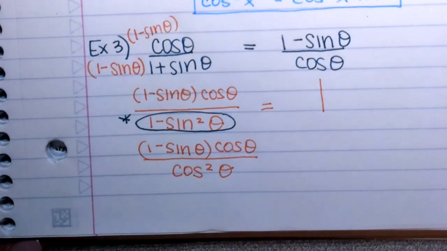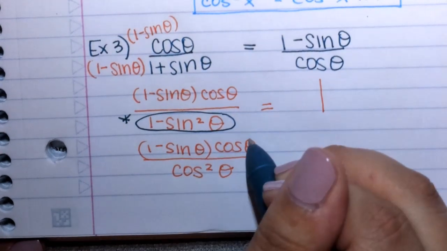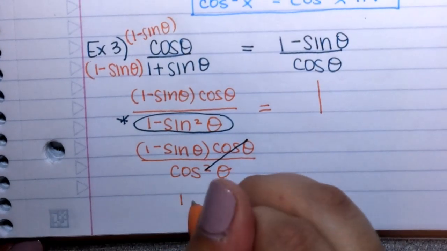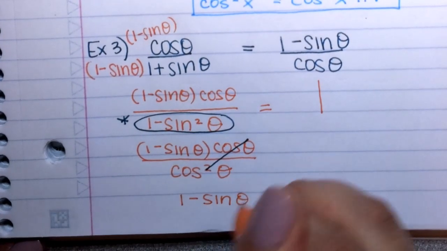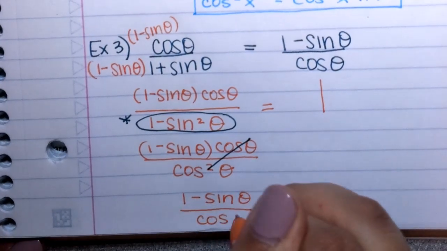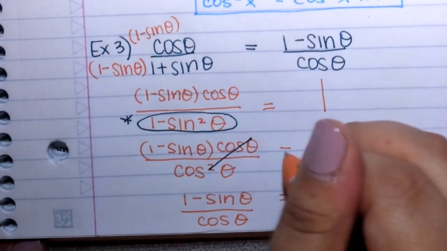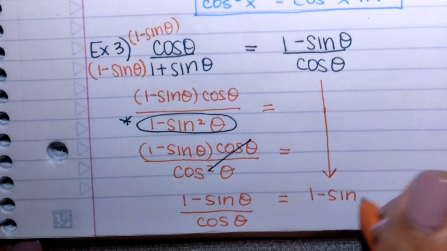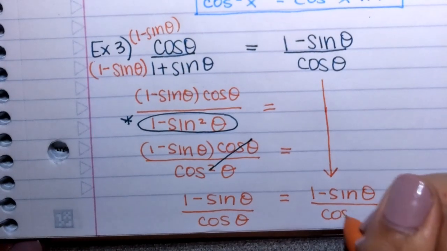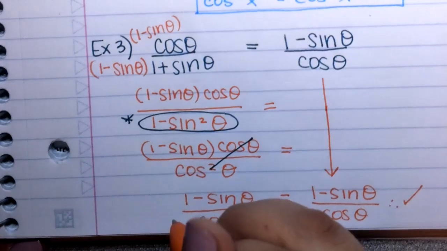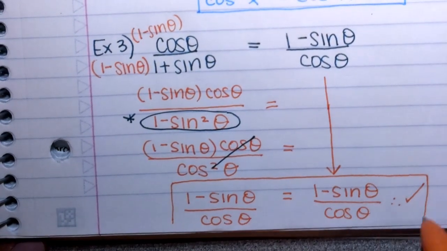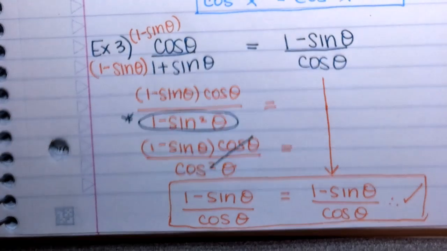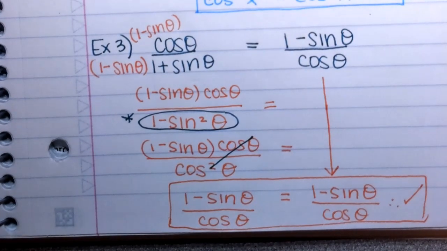And what do I know? The cosines cancel, and I'm left with... and hey, what does this equal? We're done. We got our answer on the right hand side. We don't need to go any further.